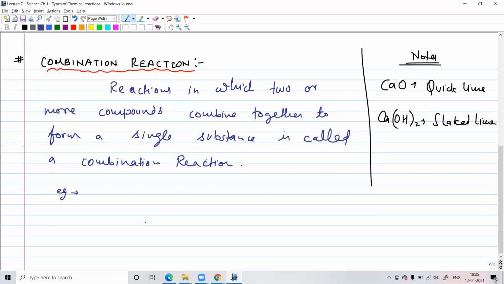The one we just now saw. Calcium oxide, which is also called what? Quicklime. It reacts with water to give you what? Calcium hydroxide, Ca(OH)2. And what is the common name for this? Common name would be slaked lime.